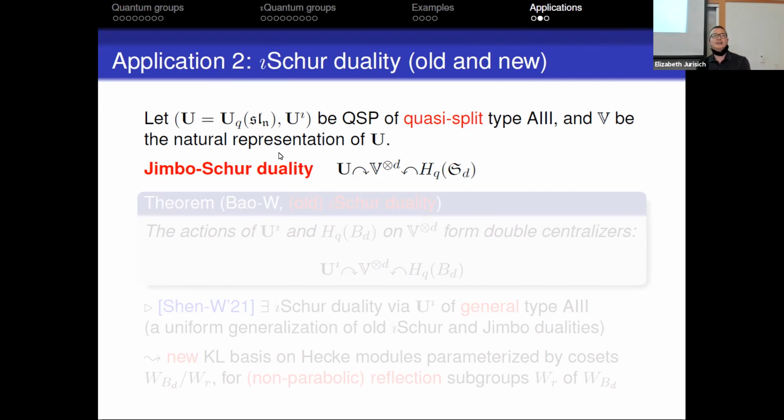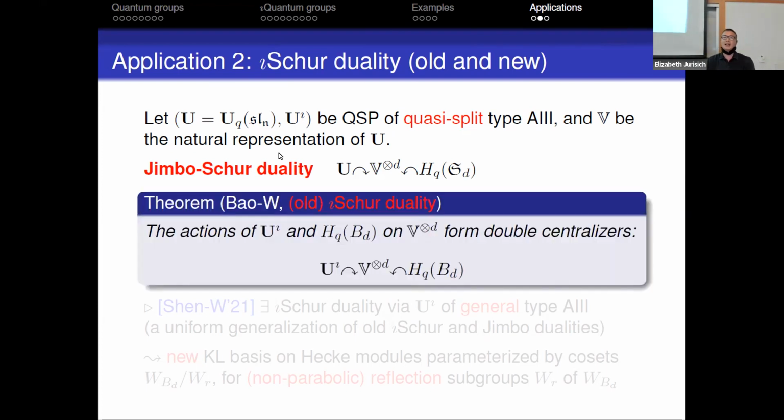Our iquantum duality is a generalization of this when you change the type A Hecke algebra to a type B Hecke algebra. Turns out you can formulate a version of this type B action with suitable indexing of the natural representation.